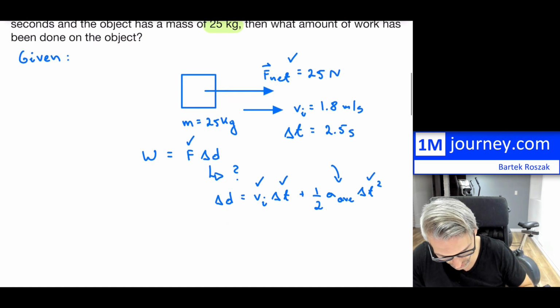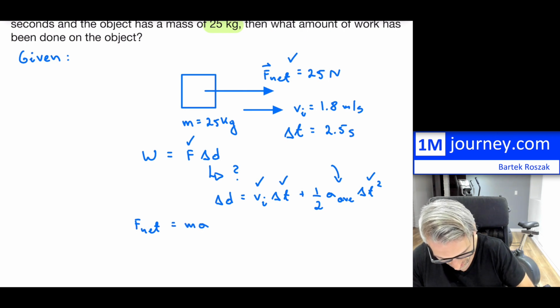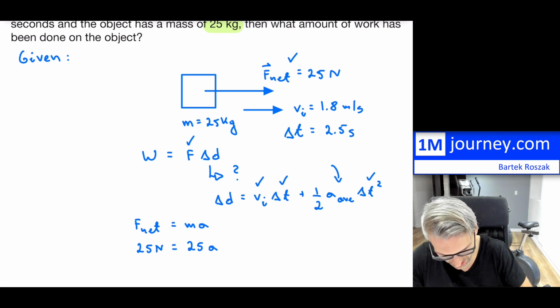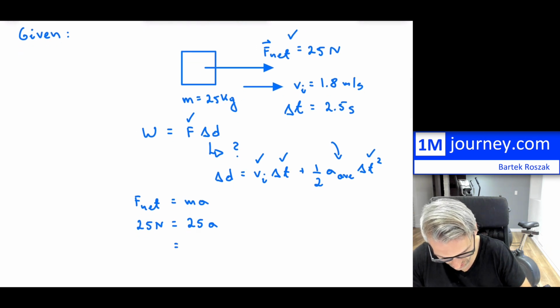So you're going to have to do this from Newton's second law. So F net is equal to mass times acceleration in this case. So this is going to be 25 kilograms. Now notice this is going to be 25 newtons. That's your net force. So you can certainly find what the average acceleration was. I'll just keep it at A. Now this one is very simple because it's 25 divided by 25, which means that A is equal to 1 meter per second squared.